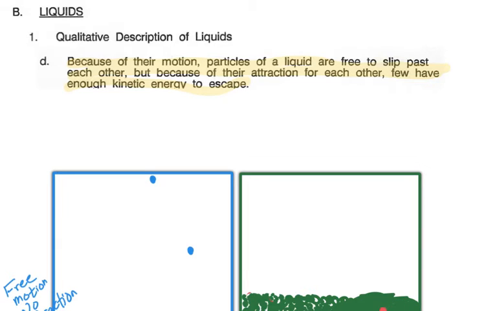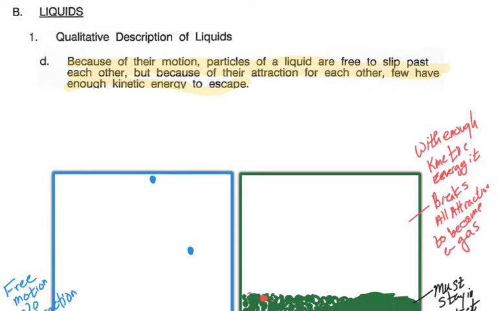To become a gas, those particles actually have to let go of each other, and that takes energy. There's something pulling them in, that attractive force is holding them together. They have to break free of that to become a gas. And most of the particles do not have enough kinetic energy to escape. But if we heat them up enough, they can, because they've got extra kinetic energy. And again, we'll talk about how that affects some of the different basic characteristics of liquids.